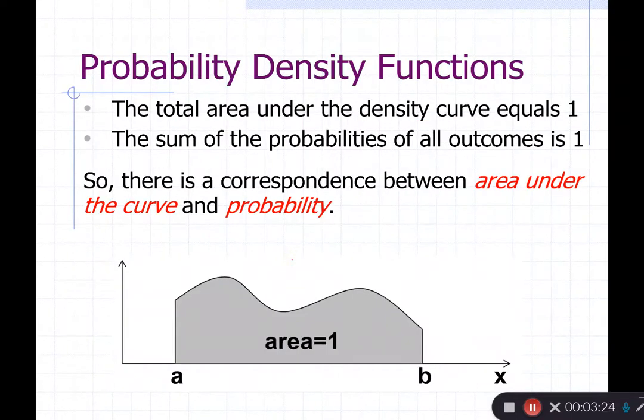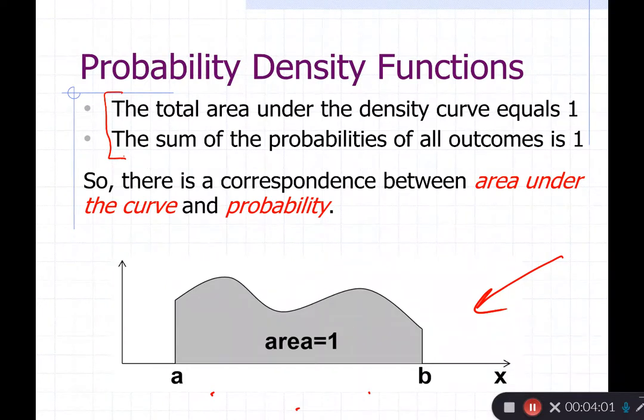Okay, so here's an example of a probability density curve. It's a function that has no negative y values. There's no points down here. And the total area is equal to 1. If your graph meets these two criteria, then there's a natural correspondence between the outcomes of an experiment or procedure with a continuous random variable and area.